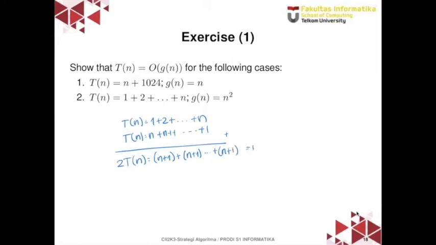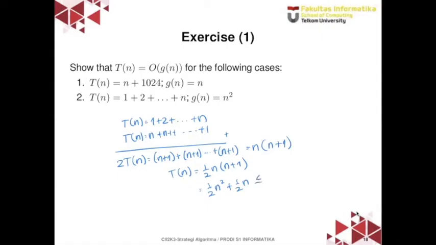So this is equal to n times n plus 1, so that Tn is equal to half of it, which is a half of n squared plus a half of n.